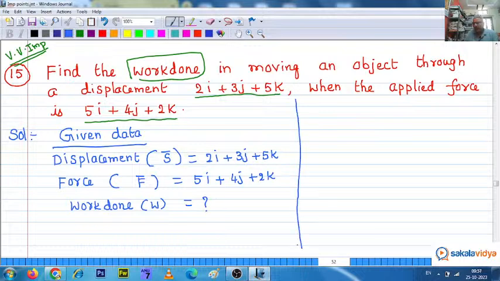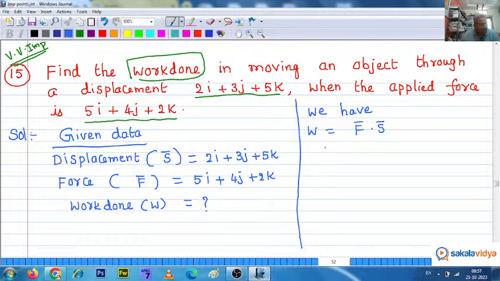So, we have the formula. If the force and displacement vectors are both given, then how do we find the work done? Work done is equal to the dot product of the force and displacement vectors, F dot S. How do we define F dot S?